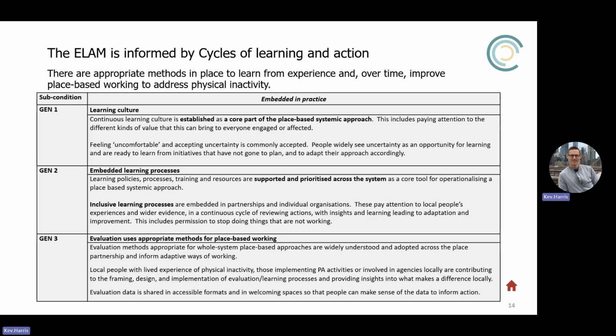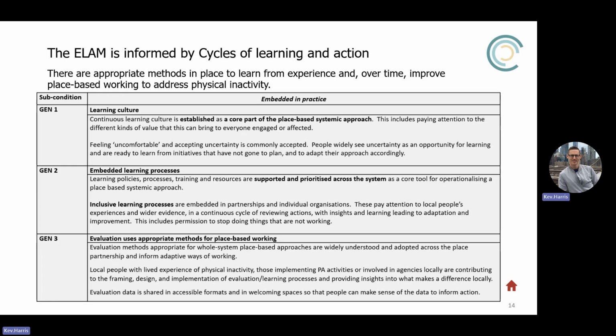And in particular, we have the 9th condition, which is cycles of learning and action, which is essentially about there being appropriate methods in place within a place to learn from experience and over time improve place-based working to address physical inactivity. And this condition is very much about learning cultures, learning processes, and the things that are put in place to facilitate the learning that we are looking to see within our place.